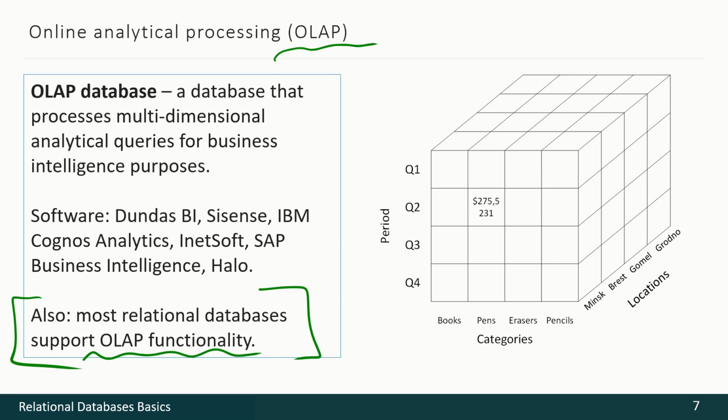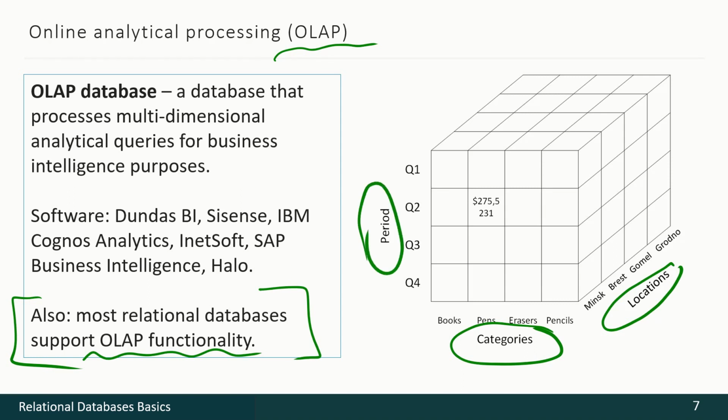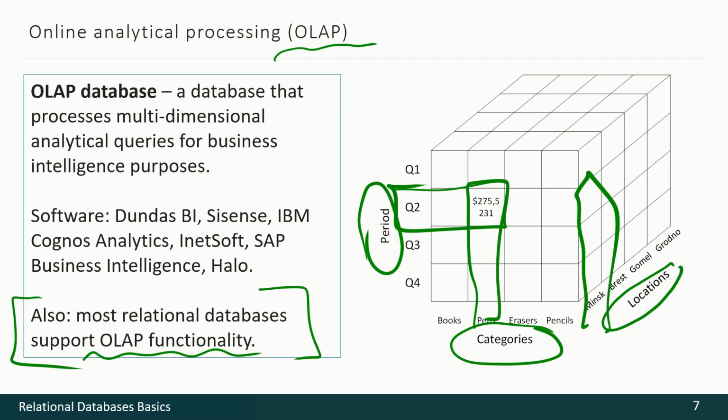For instance, imagine we have several locations, several product categories, several periods in time, and we have to find out how many pens were sold in quarter 2 in Minsk, for instance. So this is the answer. Of course, this is just a simple task for demonstration, and OLAP databases may perform a lot of other tasks, but this is just to become familiar with this approach, nothing more.